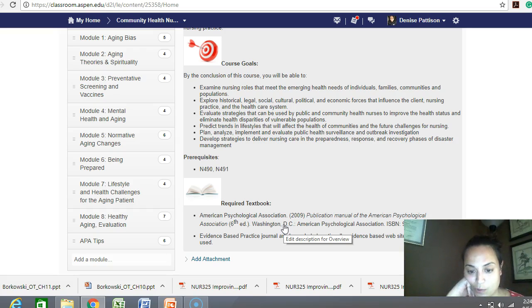So make sure that you double check your citations against this, especially if you are using a non-journal article. Those tend to be the hardest for people, especially if you're using a website, which is not a certified journal article. If you're using a PDF from an organization, you need to really understand how to cite those things correctly and to do in-text citations. I'm going to show you a module that I developed on APA tips.